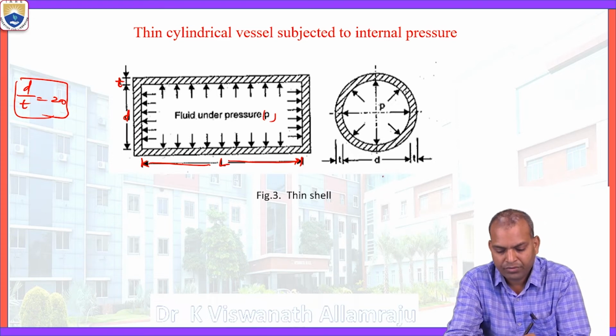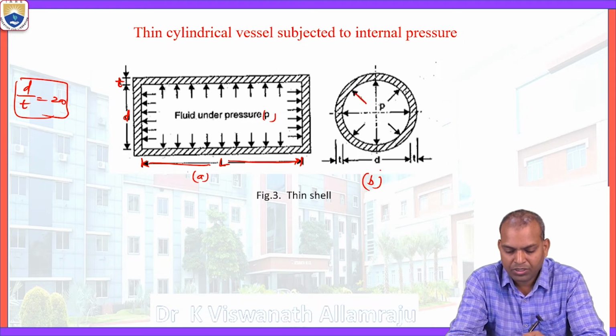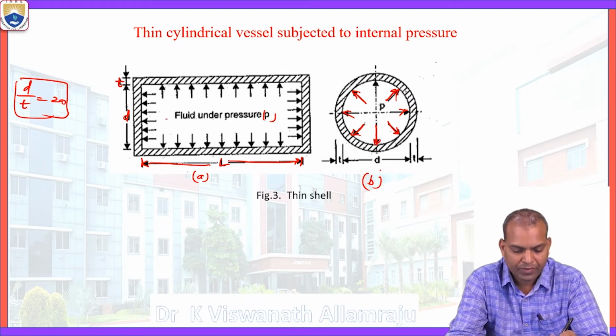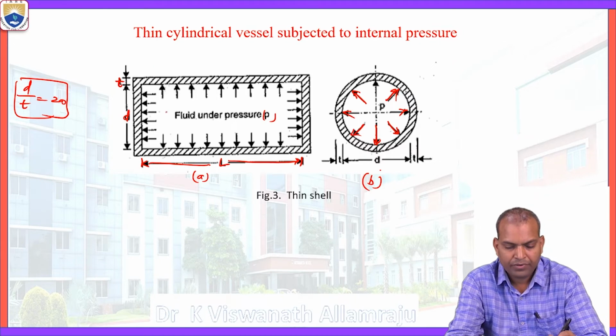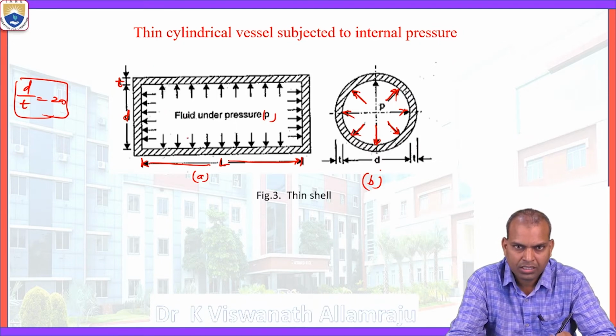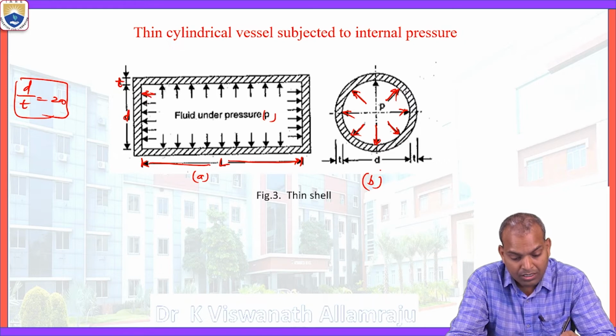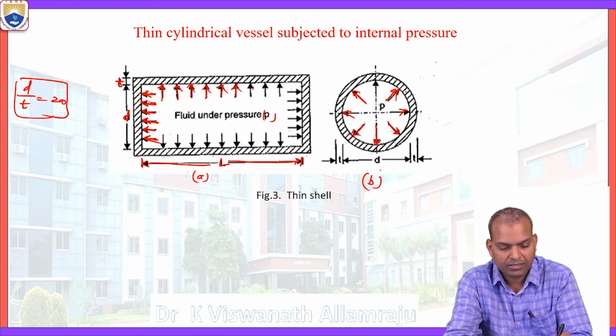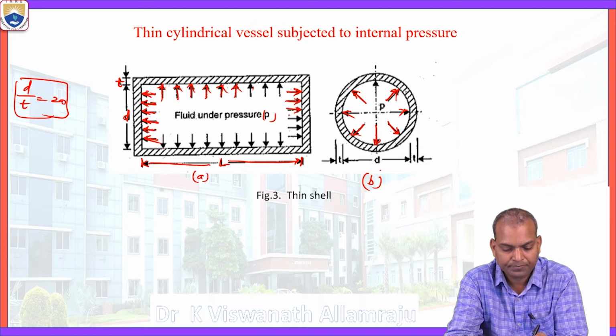If you see the side view, figure B, and the front view, figure A, in the side view the internal pressure is acting radially outwards. In the front sectional view, the fluid pressure acts in two ways: one circumferentially, and another towards the outside along the longitudinal direction.